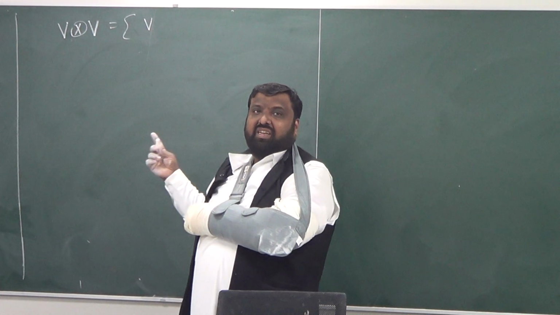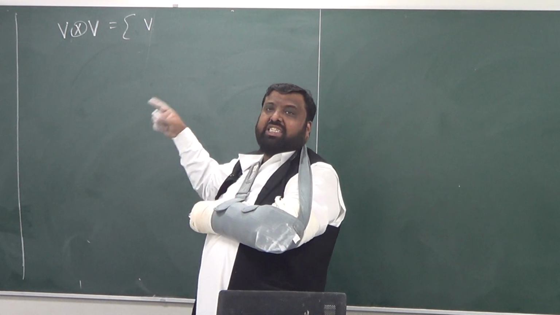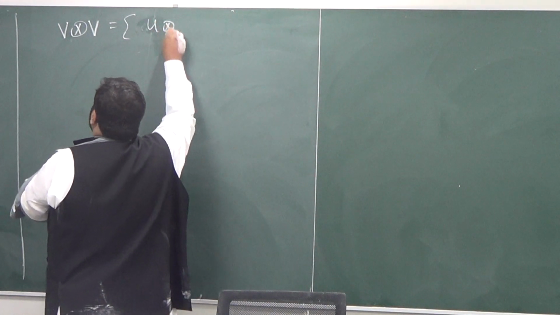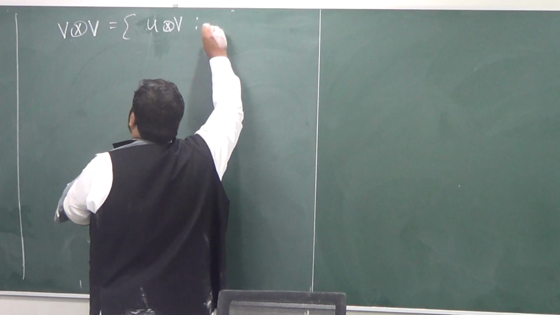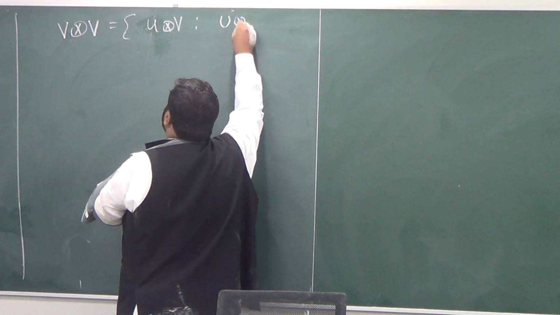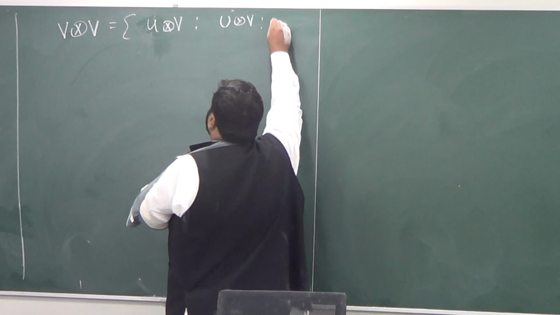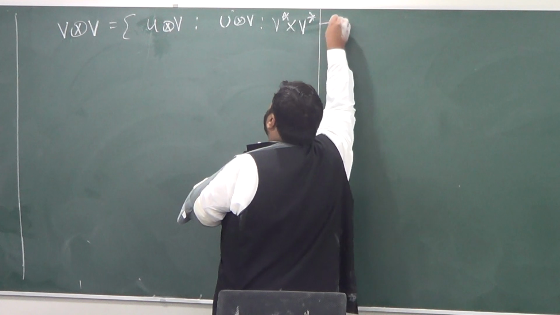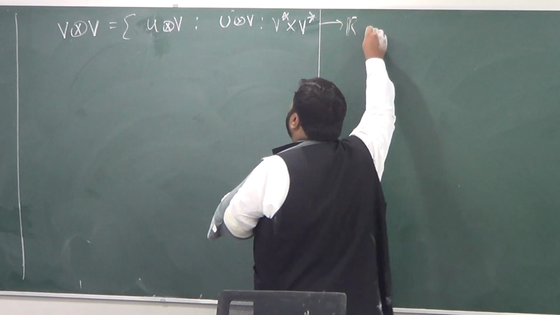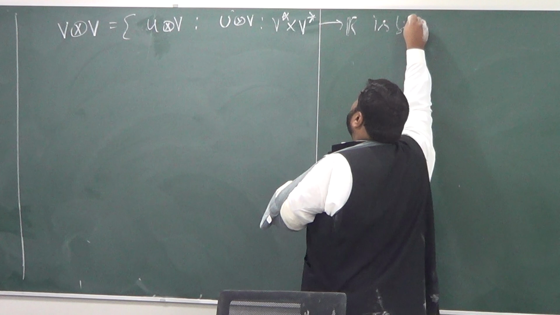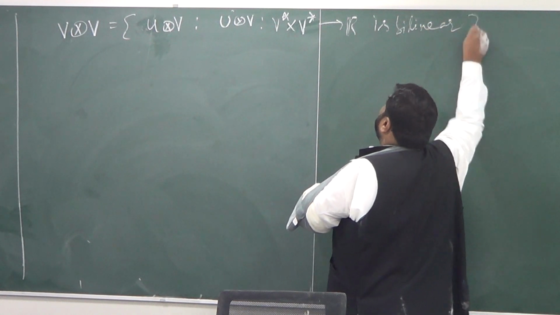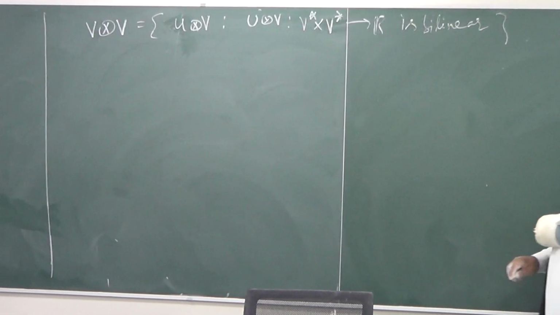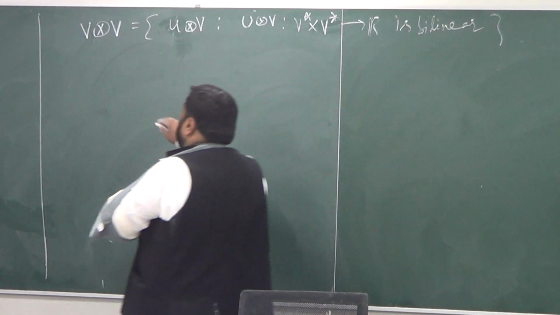In other words, the tensor product of the vectors from V. So U tensor product V is a map from V star cross V star into R, and it is bilinear, so it's linear in both components as well. You getting the point? How is it going to work?